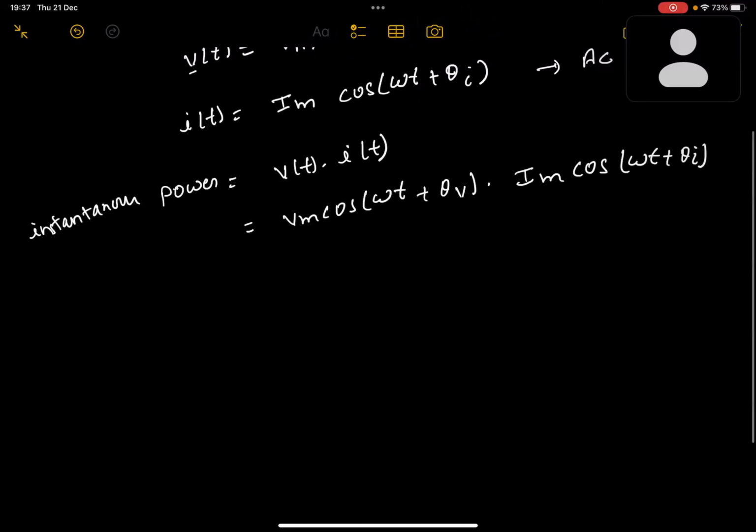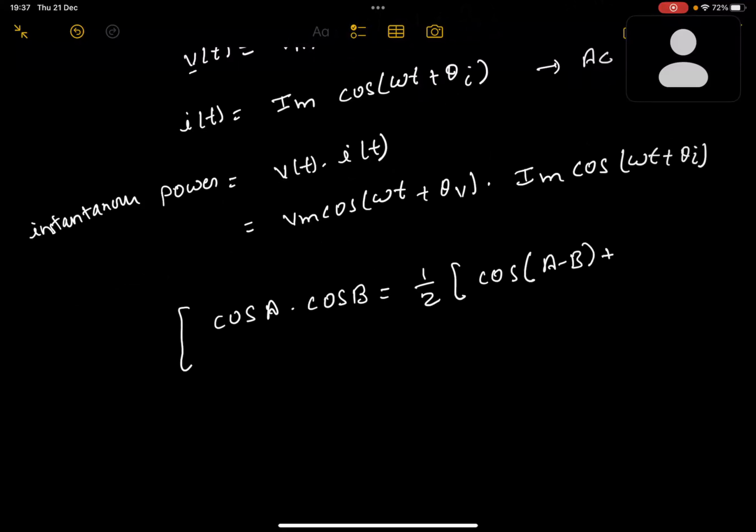Then you know one formula: cos A times cos B equals one half of cos(A minus B) plus cos(A plus B). This is the formula for cos A cos B.